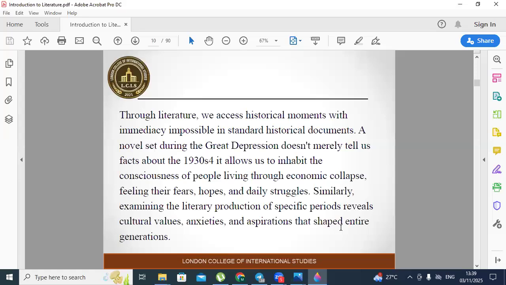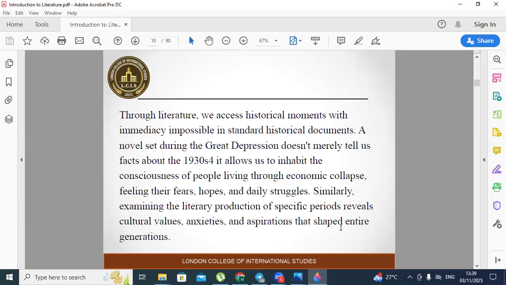It allows us to inhabit the consciousness of people living through economic collapse. We feel their fears when they lose their homes. We understand their hopes as they travel west seeking work. We experience their daily struggles deciding whether to spend money on food or gas.